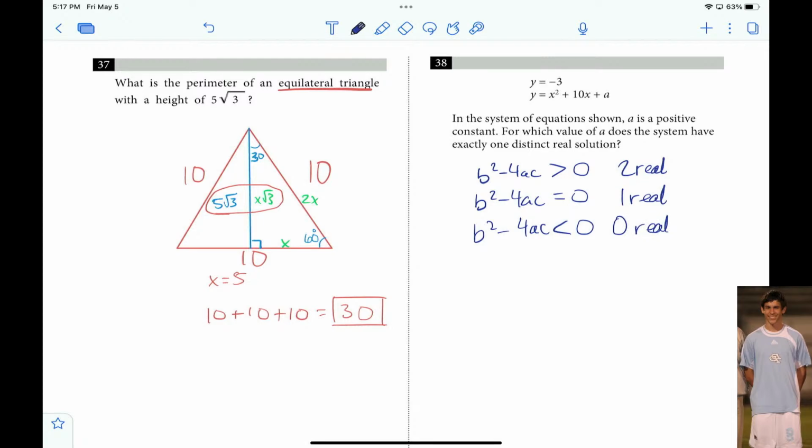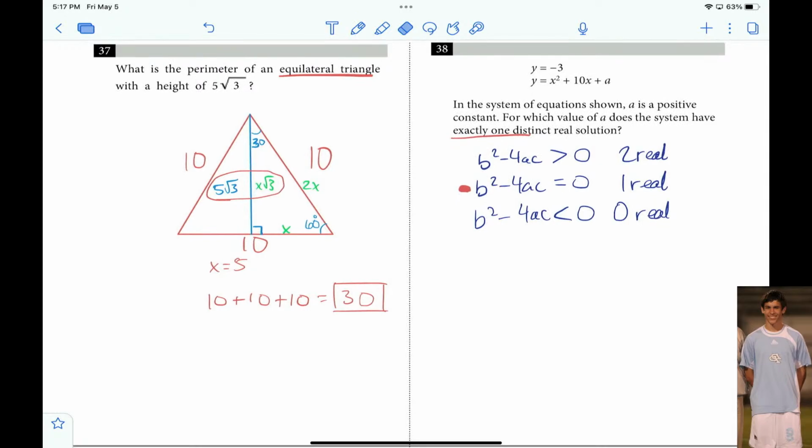So for this problem, they wanted to have exactly 1. So we're going to use this form. But in order to use that, we have to take this system and not have it still be 2 equations. We need it to be 1. So since they're both written as y equals, I can set them equal. So we're going to think of it as -3 equals x squared plus 10x plus a.